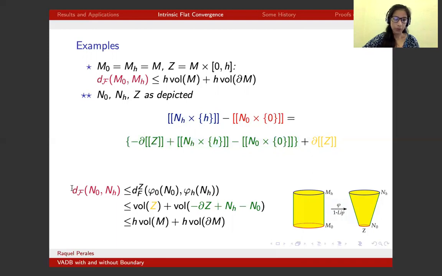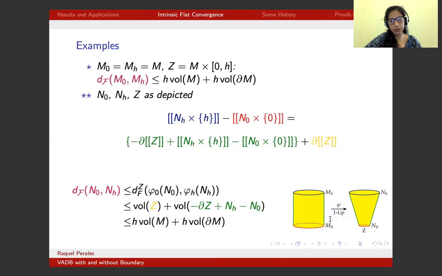And so we have that the intrinsic flat distance between N0 and NH is less or equal than the flat distance in the truncated cone of the push forwards of N0 and NH. And here we can calculate, well, this is going to be by definition, if we choose these currents, this yellow current and this green current, the volume of Z and the volume of this part.